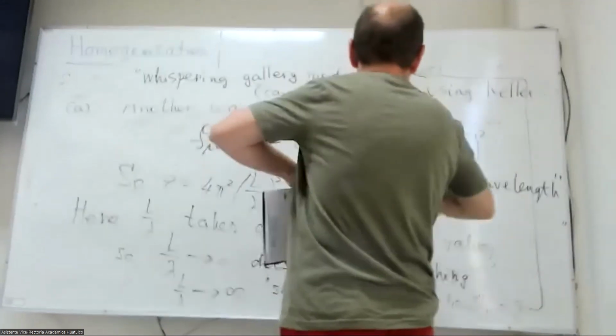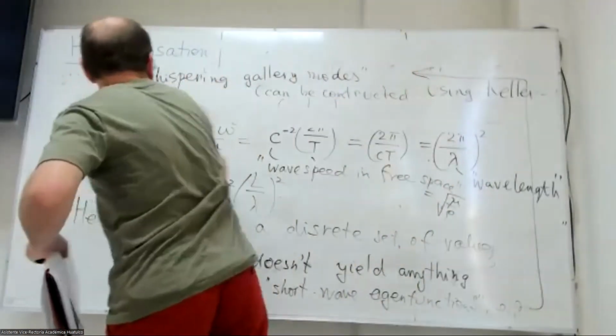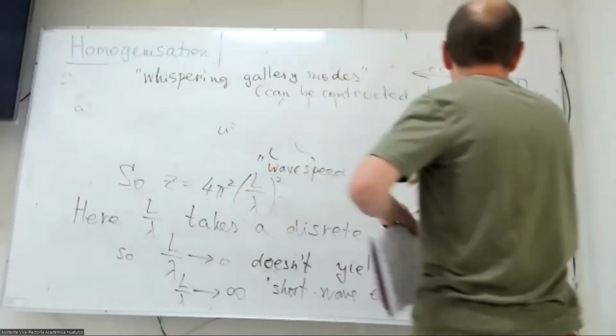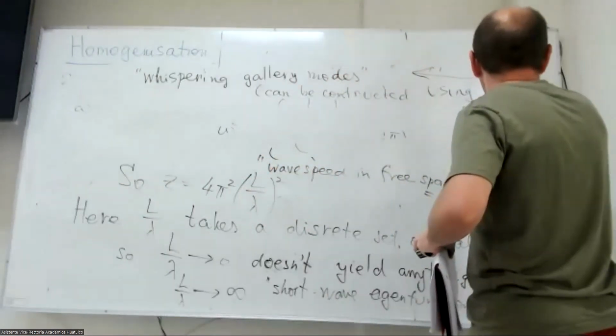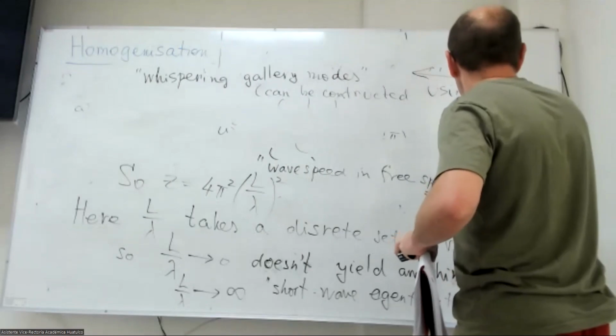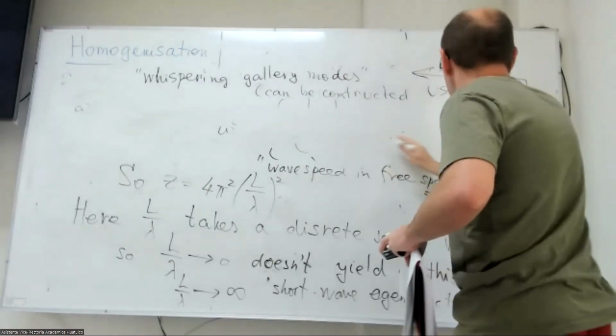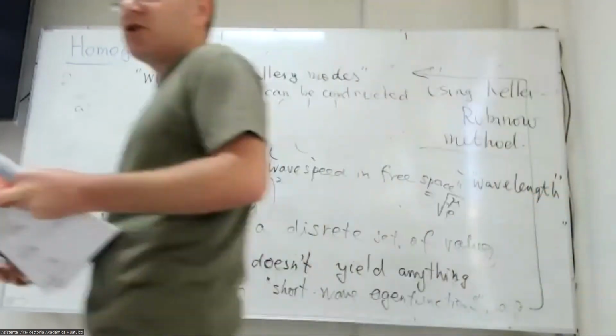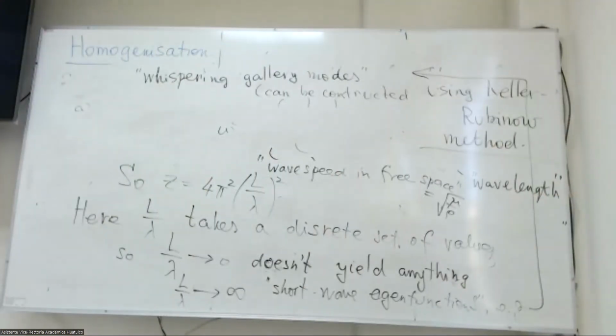So Keller, you can look it up, and I can give you a reference if you are interested. There is a way to construct these eigenfunctions asymptotically. It's a known method in the wave propagation community, structure community. I may even venture to say that it's known in the tectonic seismology community.